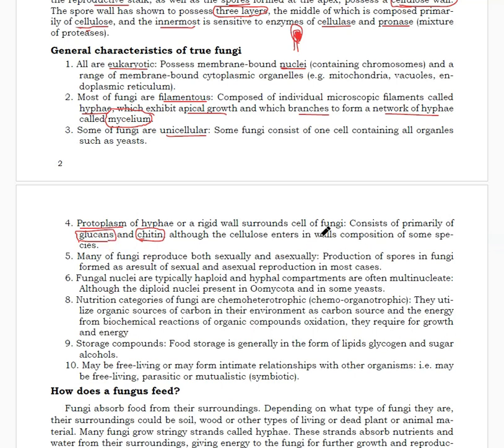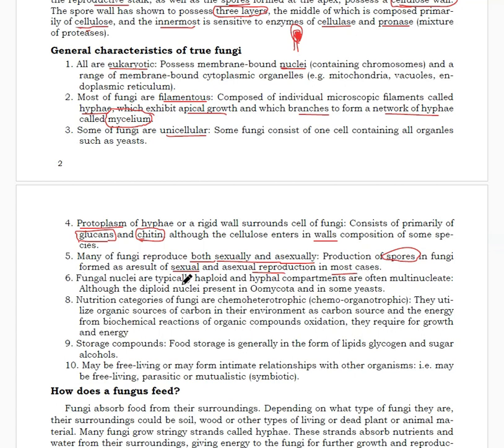Although cellulose enters the walls in the composition of some of the fungi, many fungi reproduce both sexually and asexually. Spores are produced as a result of sexual and asexual reproduction in most cases. We'll go through it in detail in some following examples.